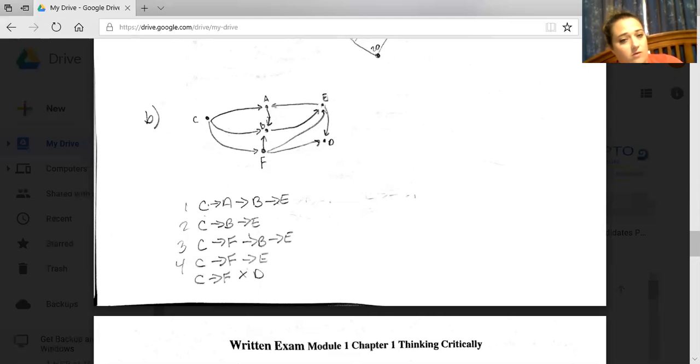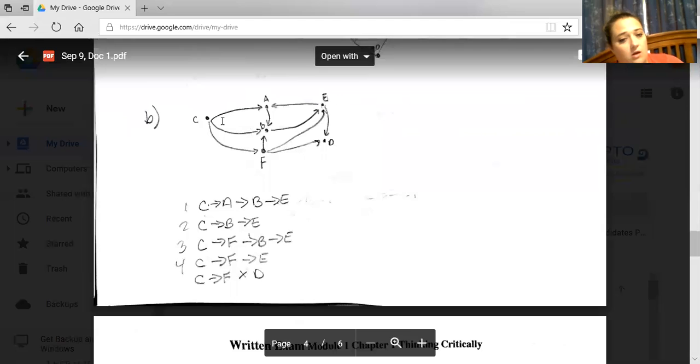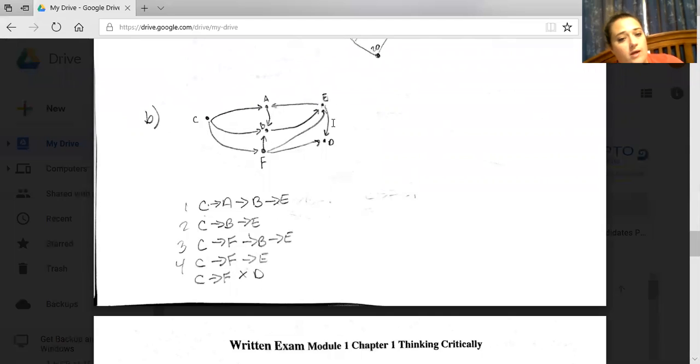So if you just count, there's only one way by going C, A, B, and then E, or the second way is C, B to E. Third way is C to F to B to E, and then the fourth way is C to F to E. If you tried to go from C to F to D, that pathway only goes from E.